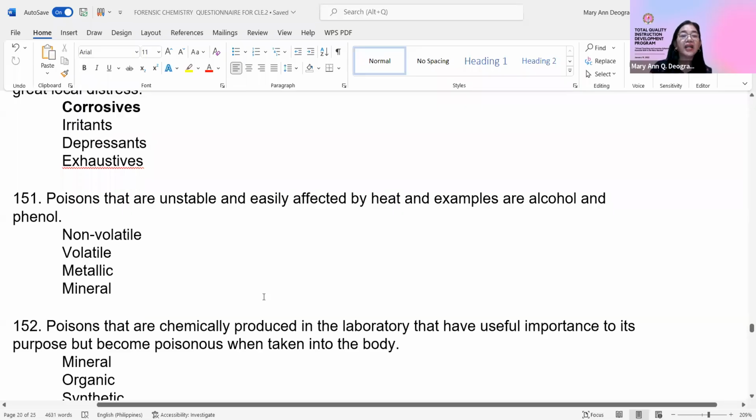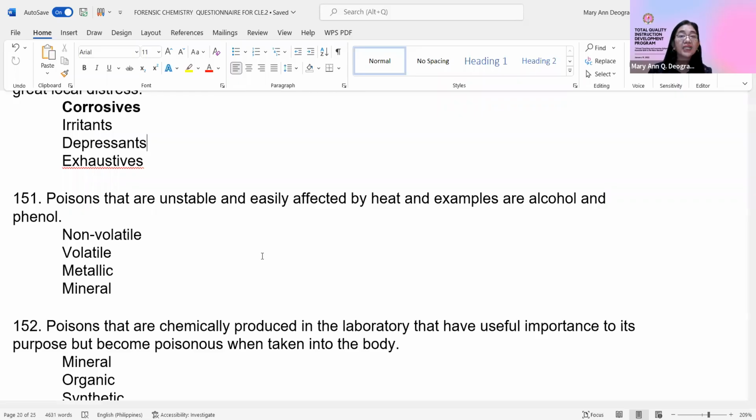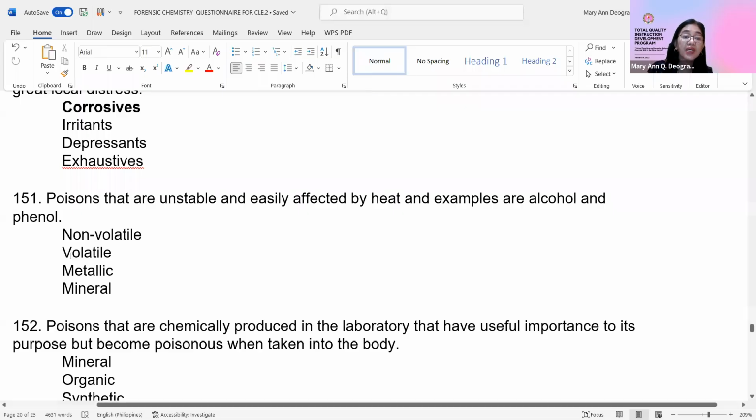Poisons that are unstable and easily affected by heat, and examples are alcohol and phenol. Is it non-volatile, volatile, metallic, mineral? Okay, volatile. Ayan. Volatile, madaling sumingaw. Yung madaling mag-evaporate.